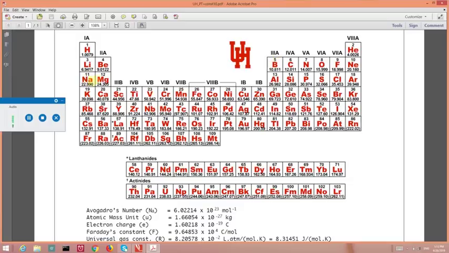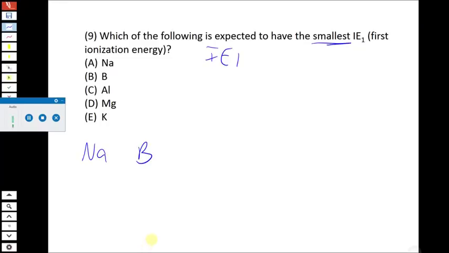So boron is both to the right of sodium and 1 row higher, so we would expect it to be larger on account of both of those trends, across and up. So boron is definitely a larger ionization energy than sodium. And we're looking for the smallest one, so we need to take that into account. Boron is larger than sodium, so sodium is our smallest one so far, so we can eliminate boron.